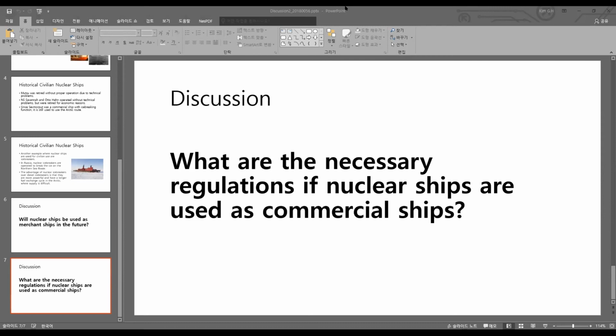Unlike nuclear submarines, nuclear merchant ships undertake violent six degree of freedom motion and acceleration by waves, wind and current. So it could give impact pressure to the ship shell.